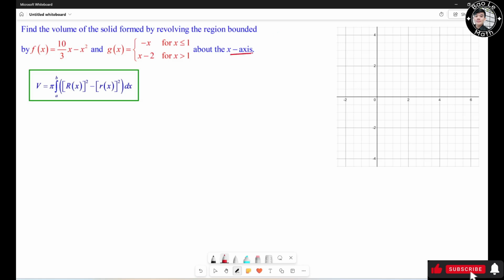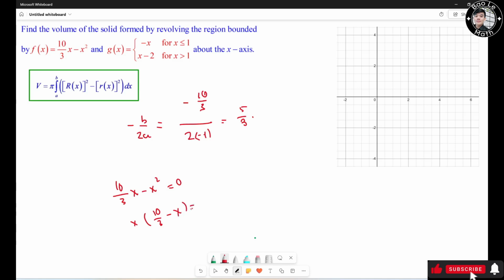About the x-axis, we need to sketch these two graphs, right? So this is the quadratic function and it's very easy to graph. You just find the vertex, which is negative b over 2a, so it's going to be 5 over 3. So the vertex is at 5 over 3. Now you need to find two zeros. So you just let 10/3 x minus x squared equal 0. Factor x out, so x times (10/3 minus x) equals 0.